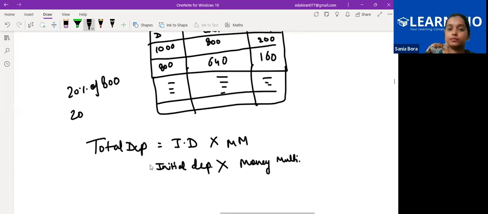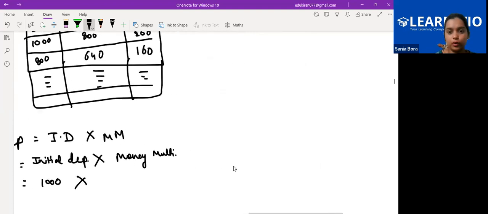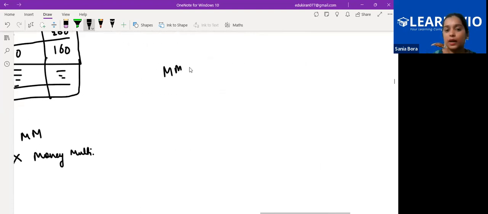What was your initial deposit? 1000, right? Now, the money multiplier you don't know. To find the money multiplier, the formula is 1 upon CRR.